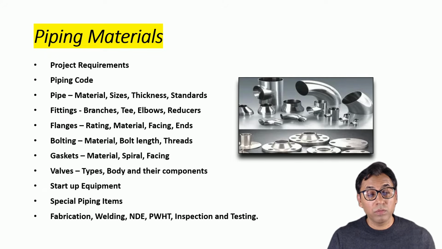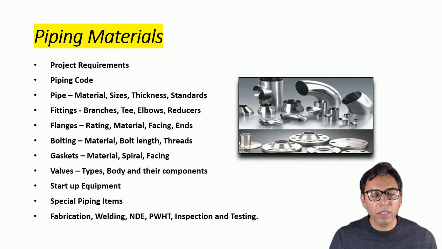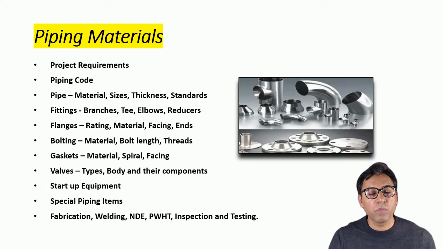For valves also, we need to mention the standard code, type of valves, and requirements, including operation: hand wheel, is an actuator needed, and what are the details about valve body, seat, testing requirements, then installation requirements as well. There are also requirements for special piping items if we use them, like startup strainers and temporary equipment needed at startup of any new plant or after shutdown, so we need to mention details about them as well.